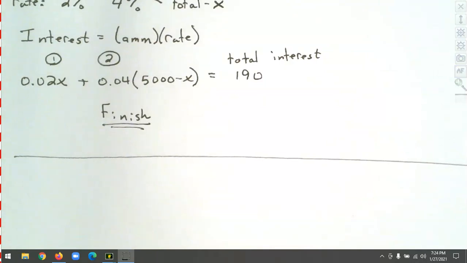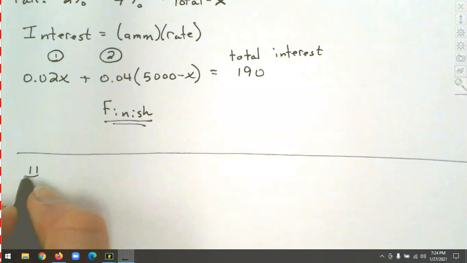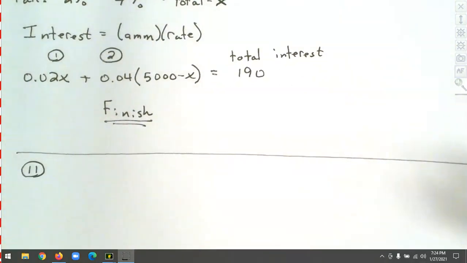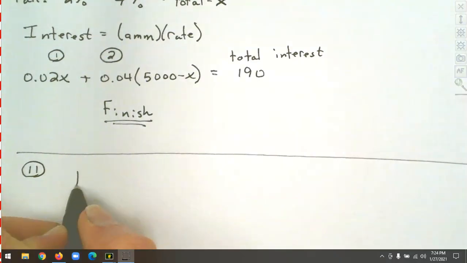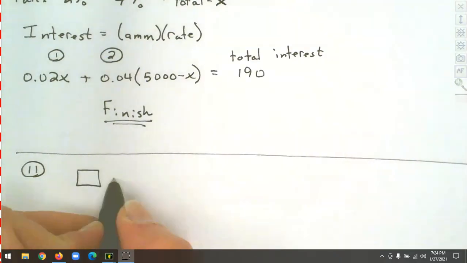So we're going to look now at question 11. 11 is very, very similar to 7. It's just that on question 11, we're mixing chemicals together instead of money. The only difference is, instead of dollar signs, we use boxes.